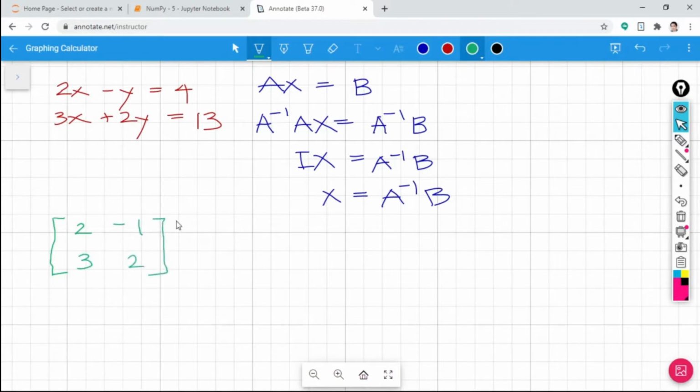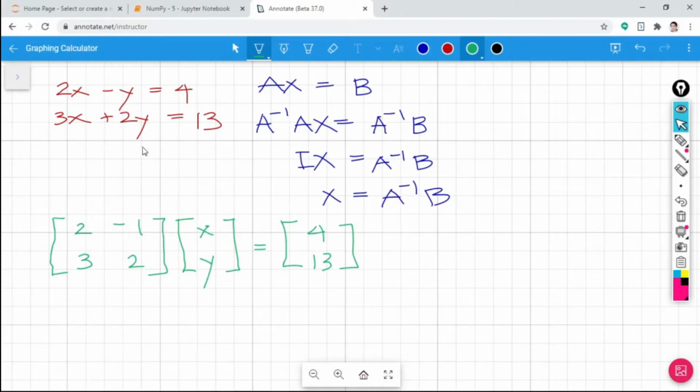Then we have the variables, x, y, which is equivalent to the matrix of 4 and 13. If you do matrix multiplication, you will arrive at these sets of values.